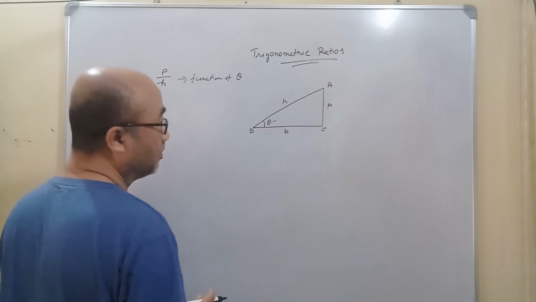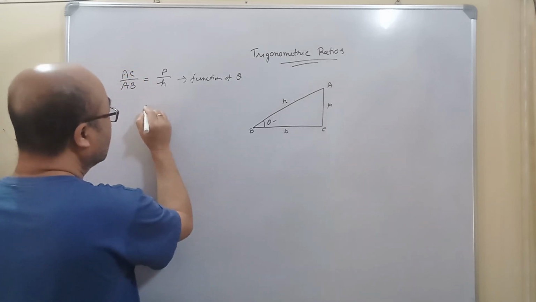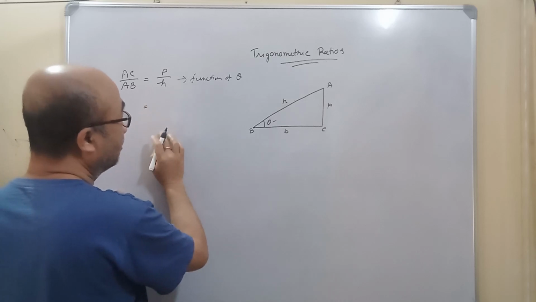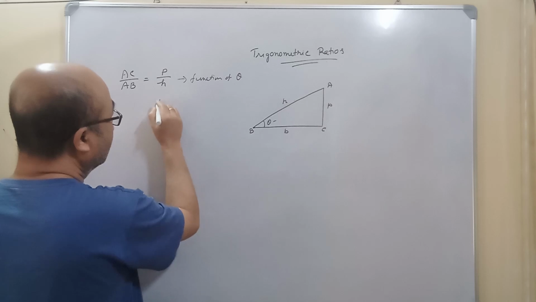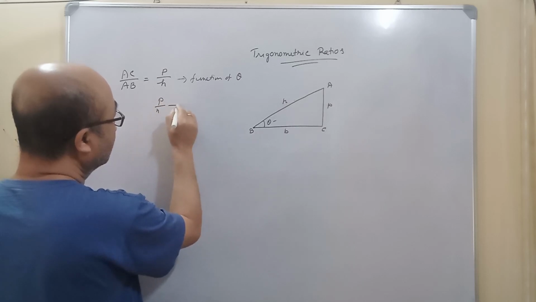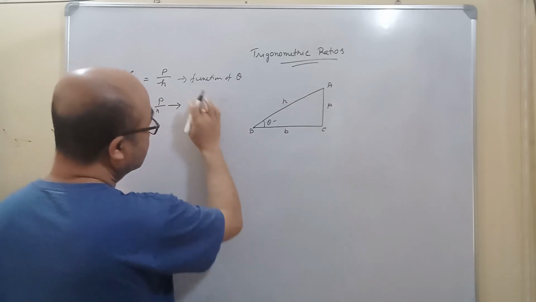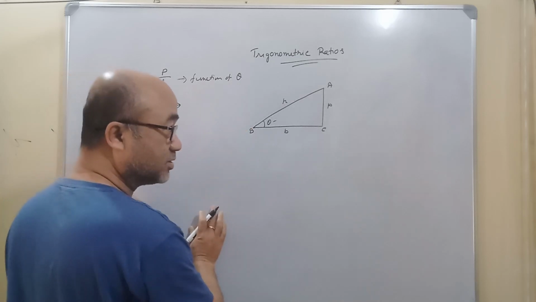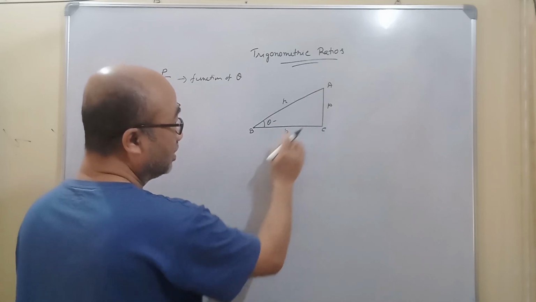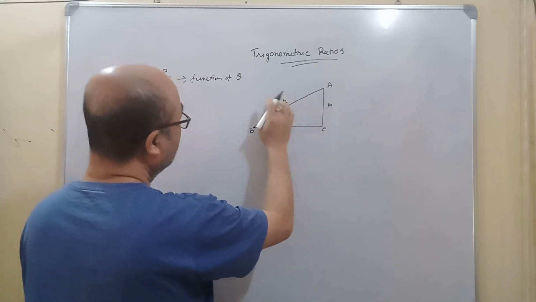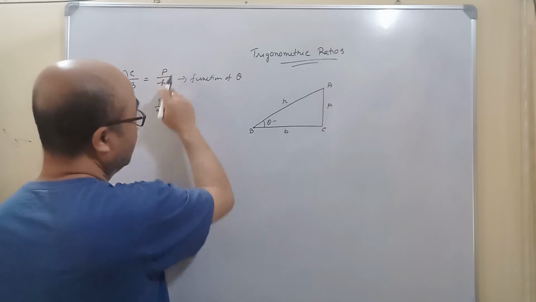Okay, because it is observed that if theta is constant, this ratio also remains constant, P by H.